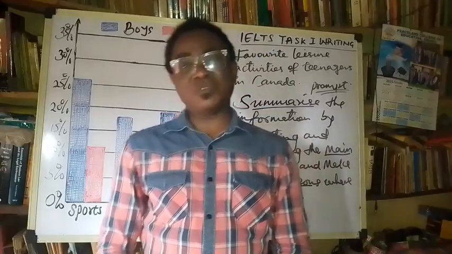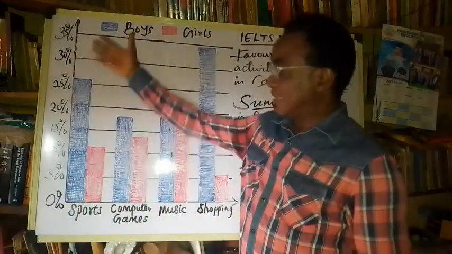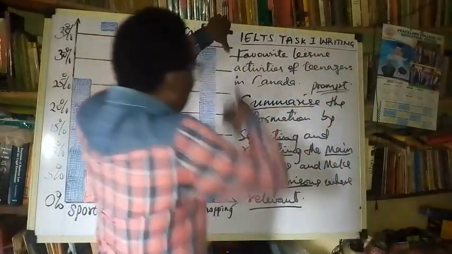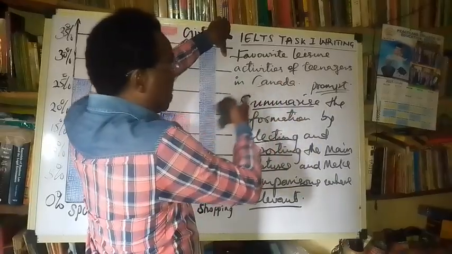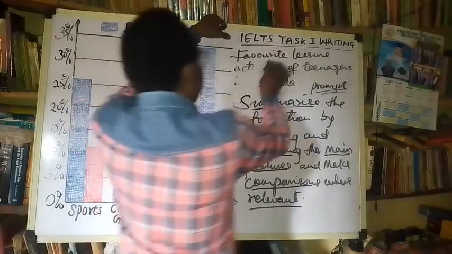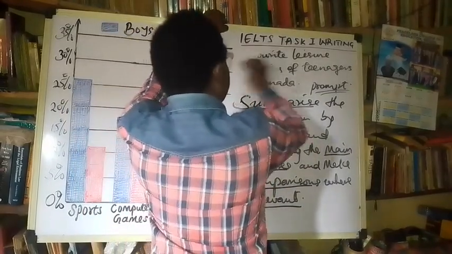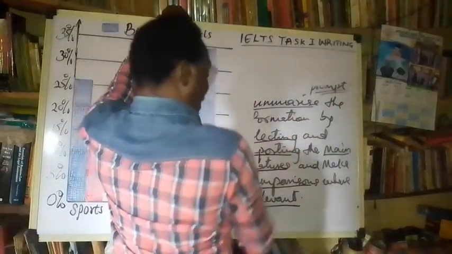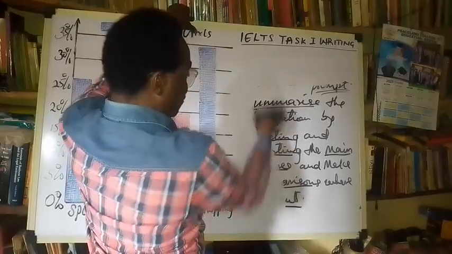And these values are measured in percentages. Favorite leisure activities of teenagers in Canada. That is the basic information. And that is what we are now going to present as a part of the introduction.